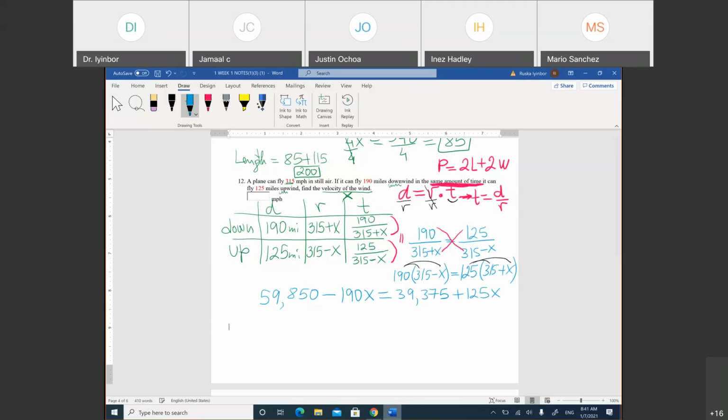Okay, so that's what we have. Now from here, we have to get x by itself. I can move 125 next to 190, or I can move 190 next to 125, it doesn't matter. I'm going to move 190 because it's negative, so I want to work with positive, so we're going to add 190x to both sides.